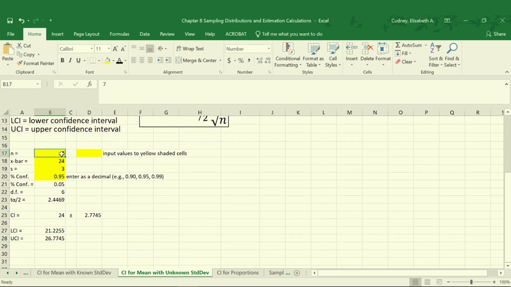If I were to change my sample size, and in this instance, I have values of 21.2255 and 26.7745, let's, for example, assume that our sample size doubled, and I'm going to change the number then to 14. And I want you to pay attention to what that does with our confidence interval.